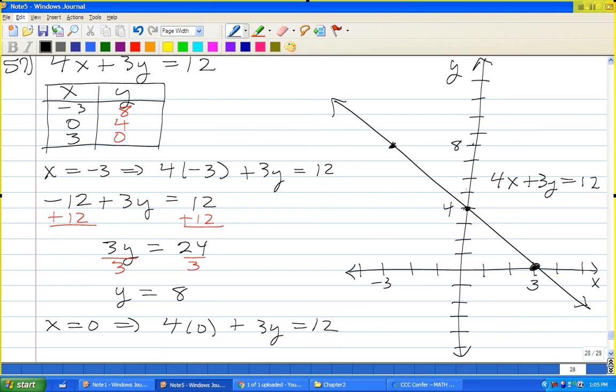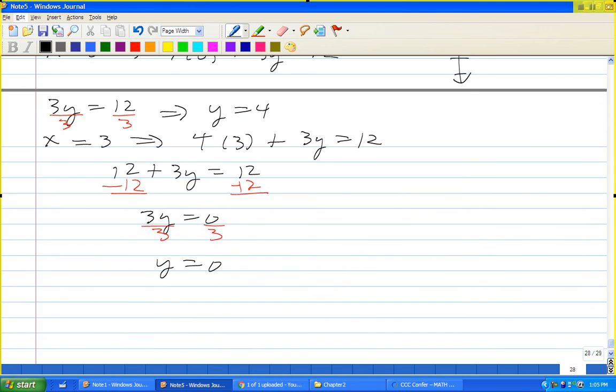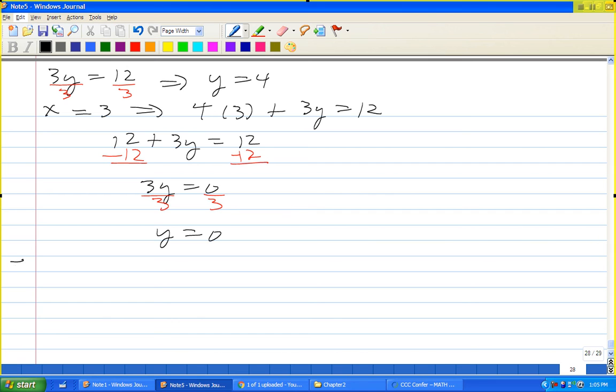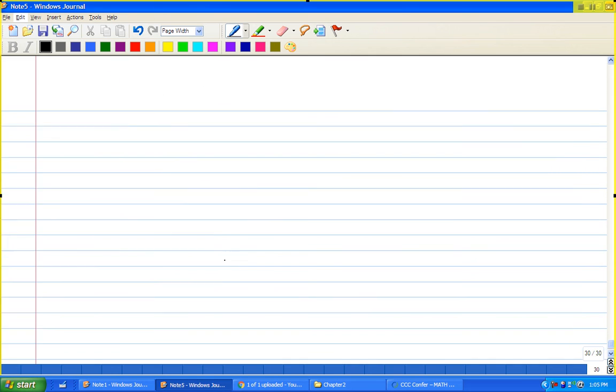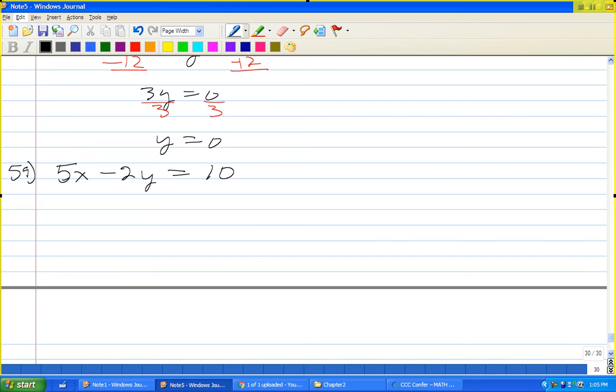And lastly, 59. 5x minus 2y is equal to 10. Intercepts are good for this, actually.